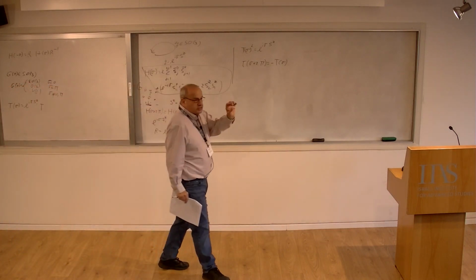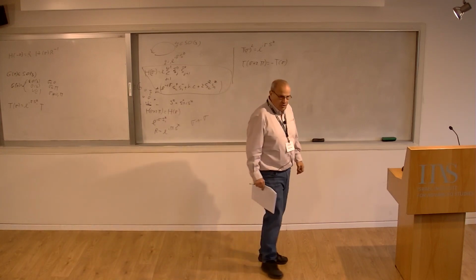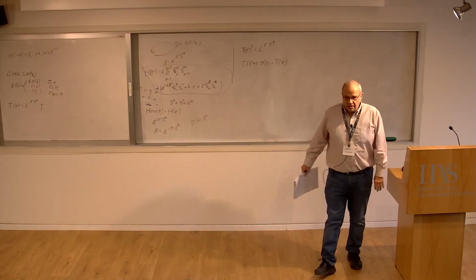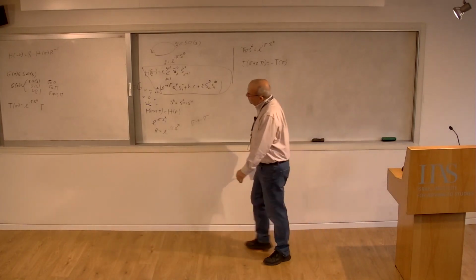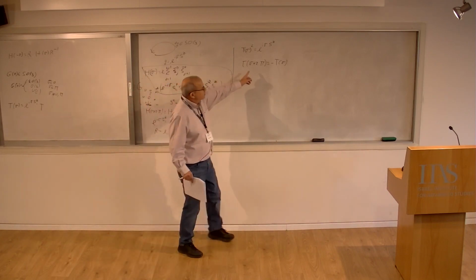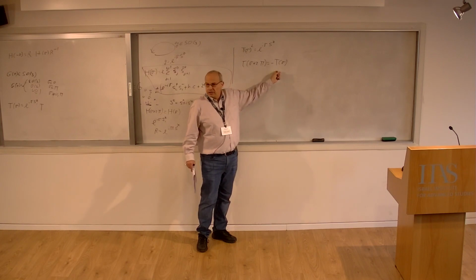The fact that one site is in a projective representation doesn't matter when L is even. When L is odd, it does matter. We said that. But now I say that even if L is even, there is this operator, the translation operator, that knows that one site is in a projective representation.